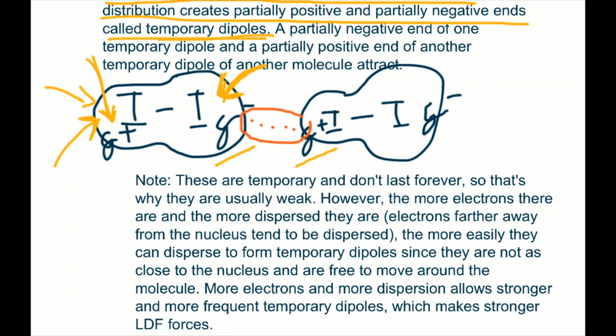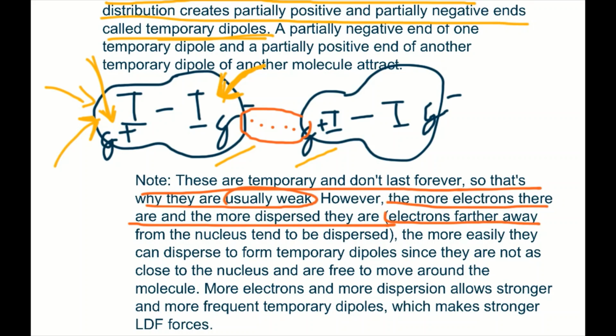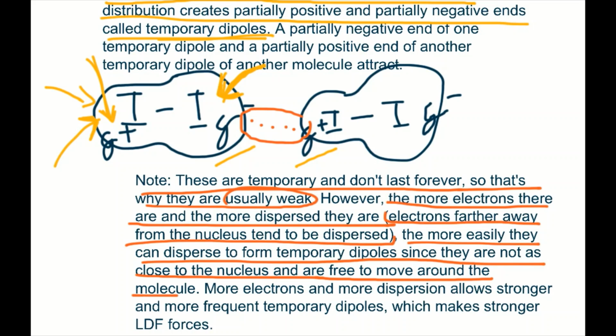Now let's read this note that I wrote. These are temporary dipoles and they don't last forever, so that's why they're usually weak. However, the more electrons there are and the more dispersed the electrons are, and electrons farther away from the nucleus tend to be more dispersed, the more easily they can form temporary dipoles, since they are not as close to the nucleus and are free to move around the molecule.